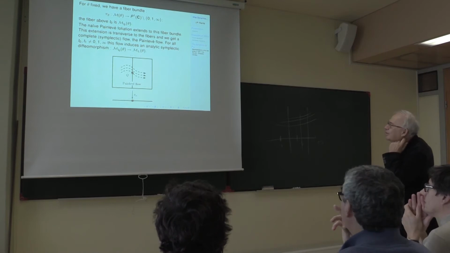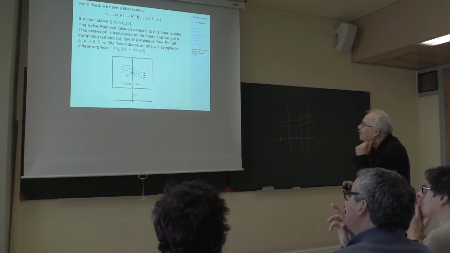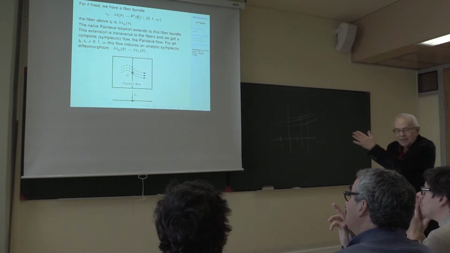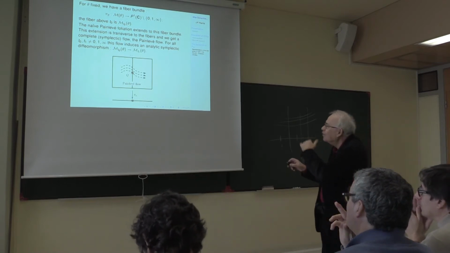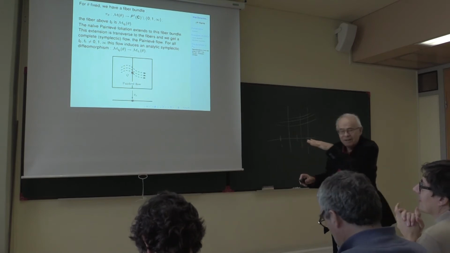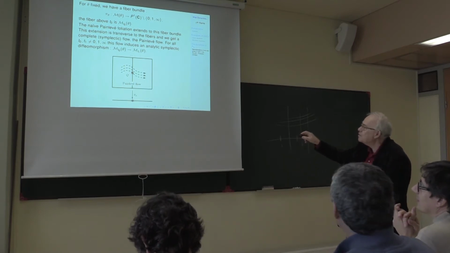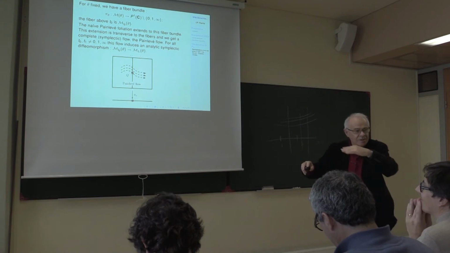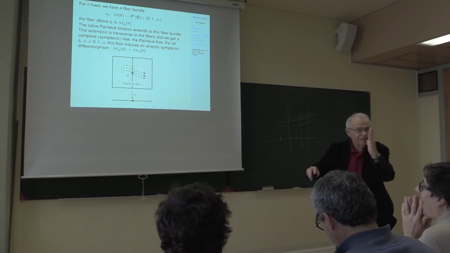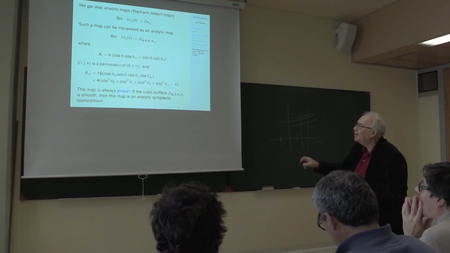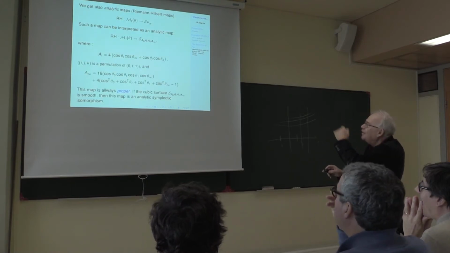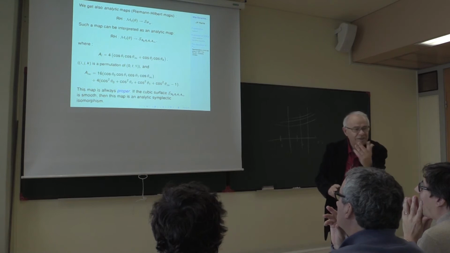Okay, that's a picture. So you have the picture of the flow of the Painlevé flow. This Painlevé flow will induce the analytic isomorphism between each space of initial condition on one side, and on the other side you get analytic maps, analytic, not algebraic.